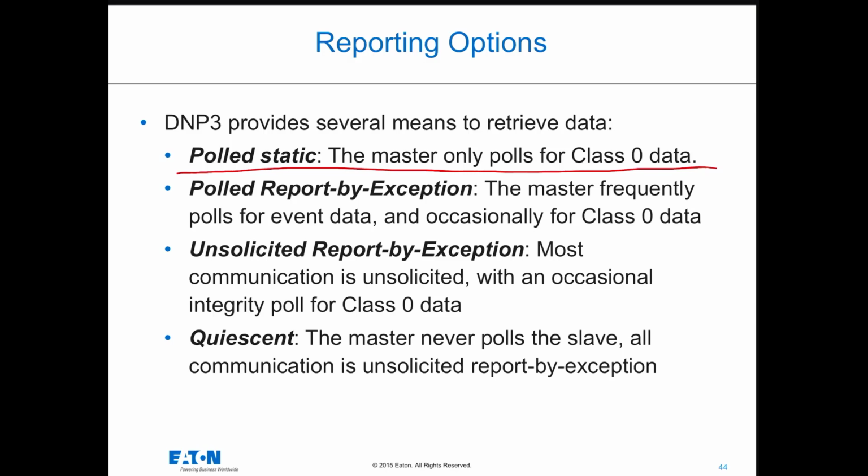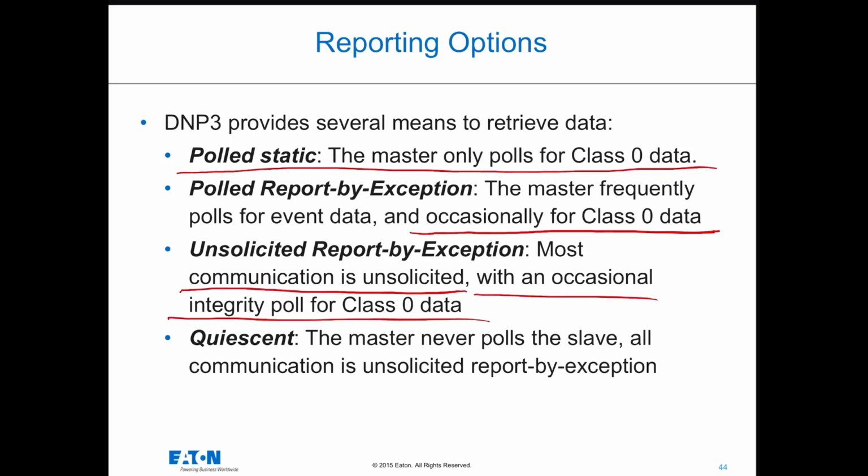You can have polled report by exception, where we are regularly checking for events every time, but we occasionally look for real-time data just to synchronize our real-time database. And then you can have that URBE that I just talked about, where the communication is unsolicited, and every once in a while you'll have an occasional integrity poll.